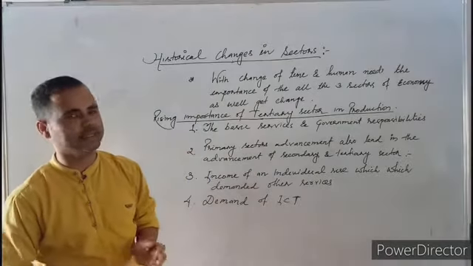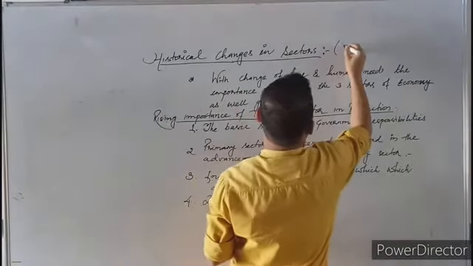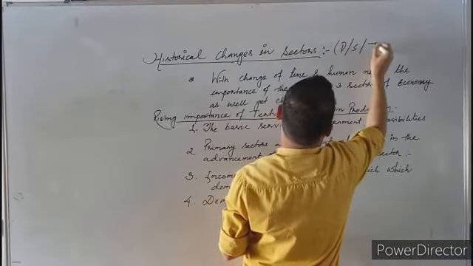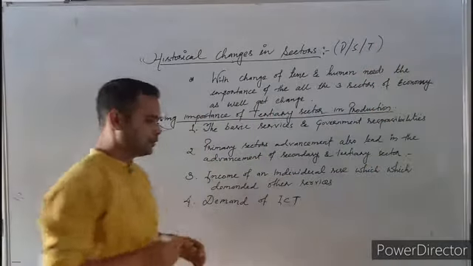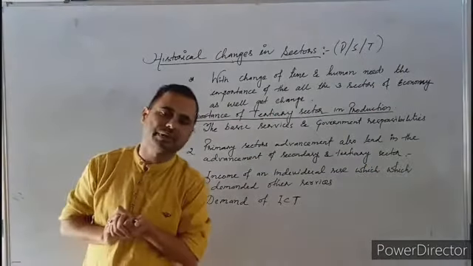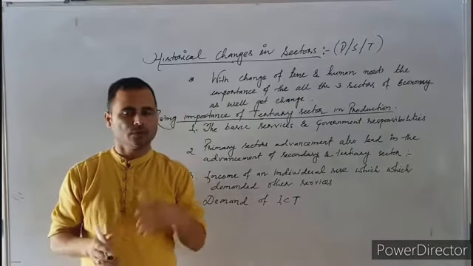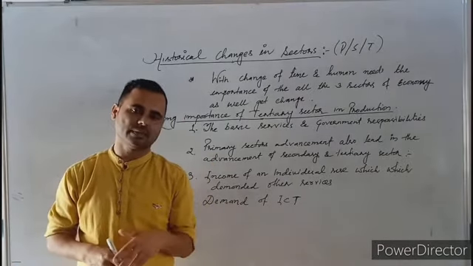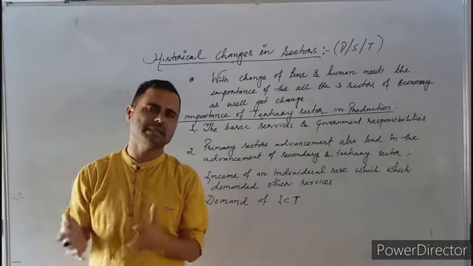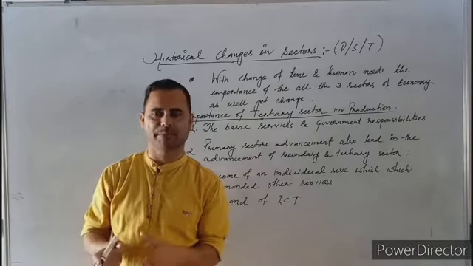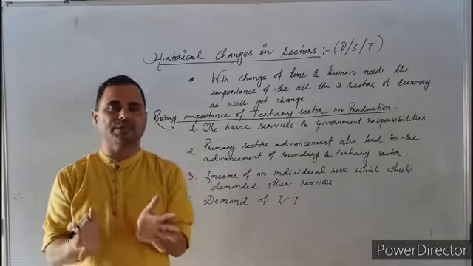Now when we talk about these sectors, that is the primary, secondary and the tertiary sectors, if you compare all these three different sectors of the economy, with the change of time, they too have changed. So many advancements have taken place there. How is it? Let us see.